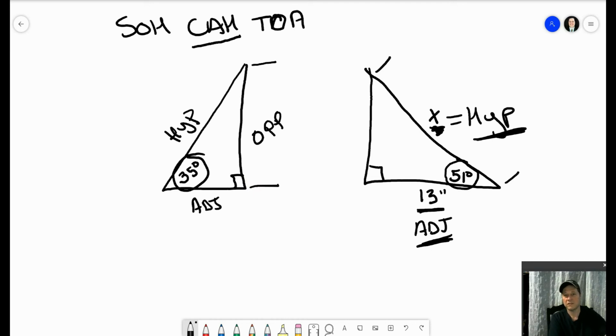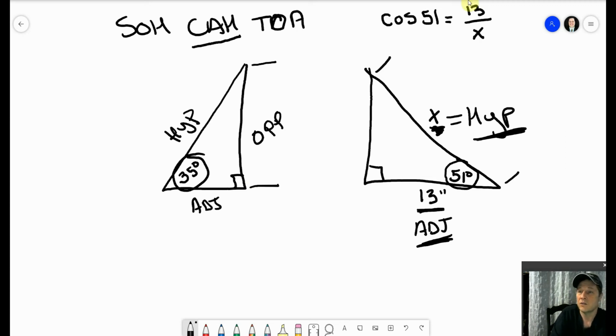It is. Identify the triangle's components based on the reference angle. So therefore, cosine of 51 equals, what's the formula say? Adjacent divided by hypotenuse. Therefore, 13 divided by hypotenuse.